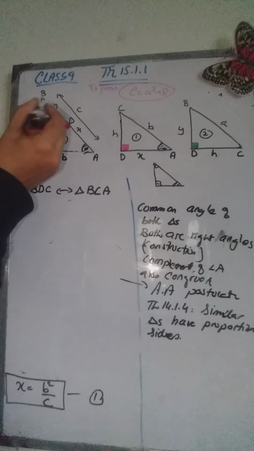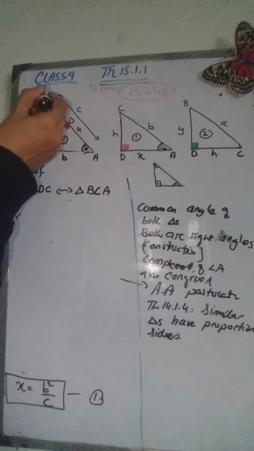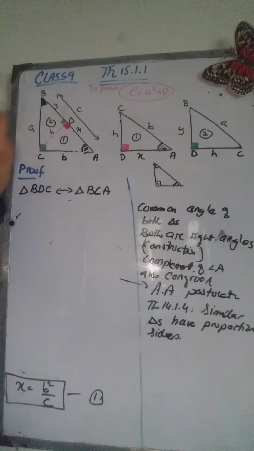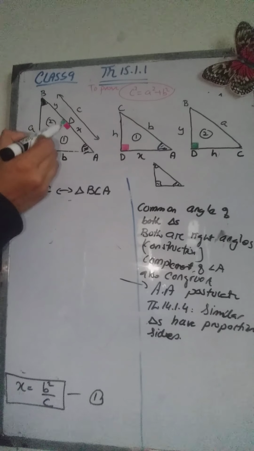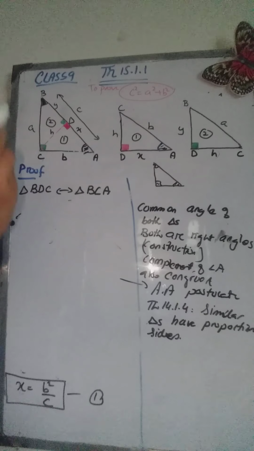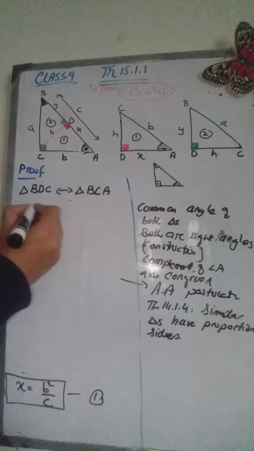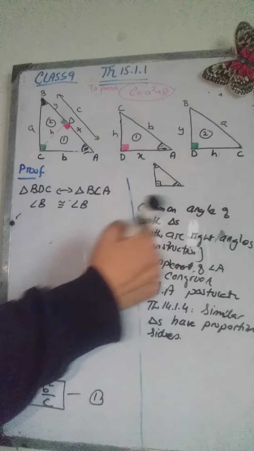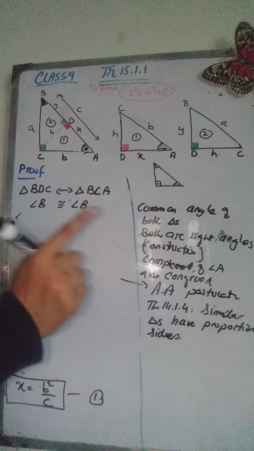I am taking this triangle and triangle ABC, this one. In this, B is the common angle of both the triangles. This angle belongs to both this smaller triangle and this bigger triangle also. So B is the common angle. Angle B is congruent to angle B. The reason will be same as before, common angle of both the triangles.